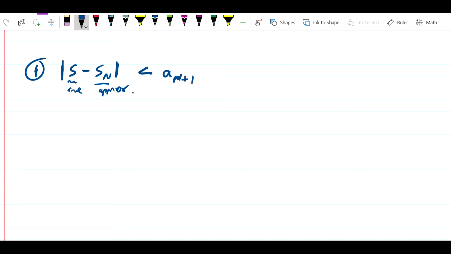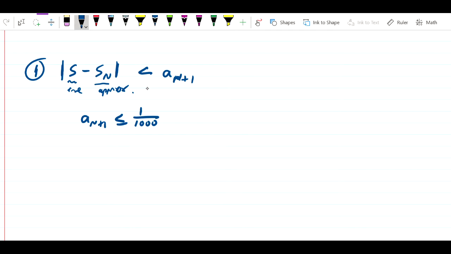Therefore, we want to choose a_(n+1) to be less than or equal to 1 over 1000, that's 0.001. The reason we want to choose it that way is that if we can get a_(n+1) to be at least that small, then this statement will be true.